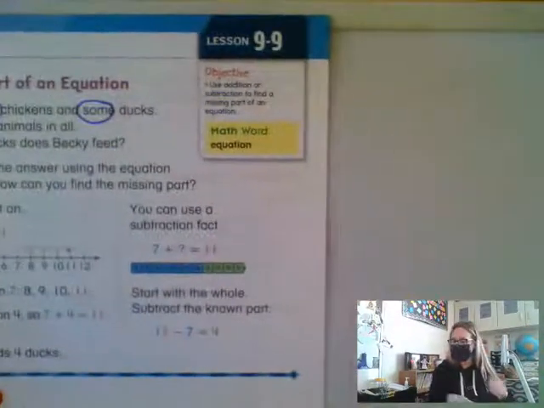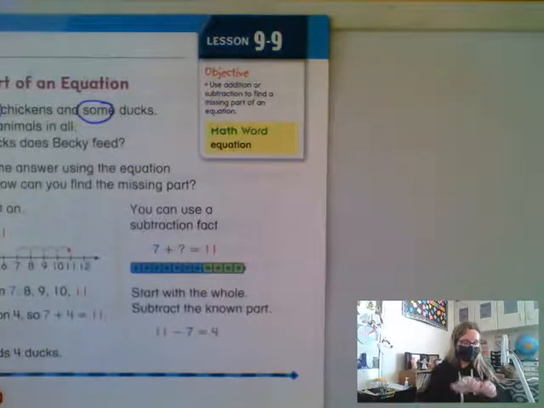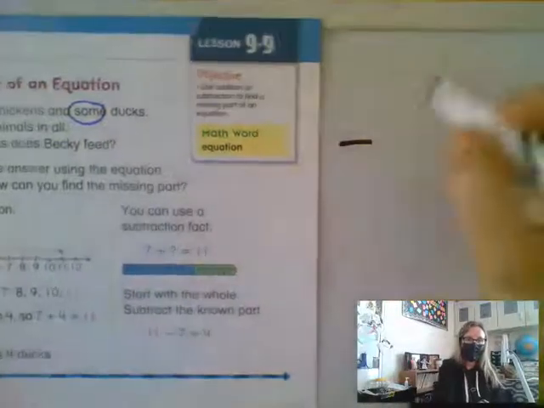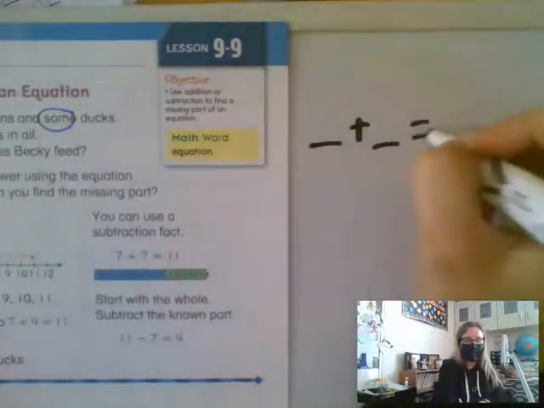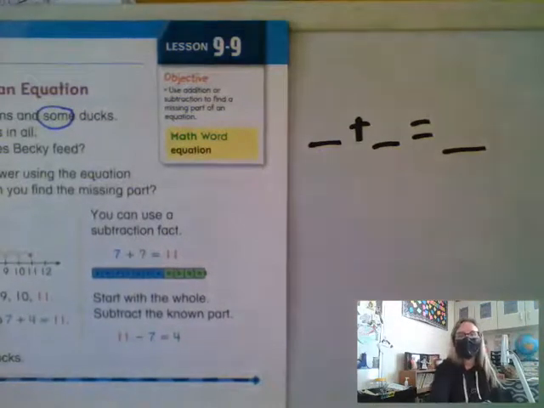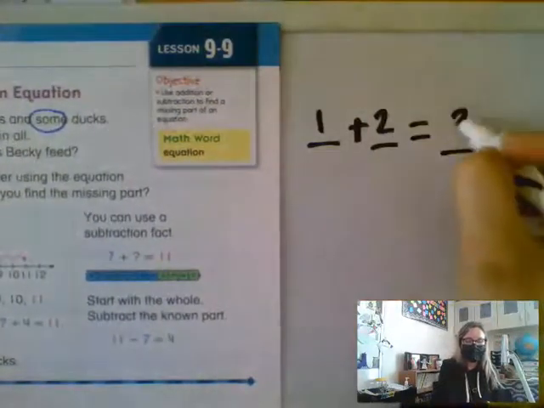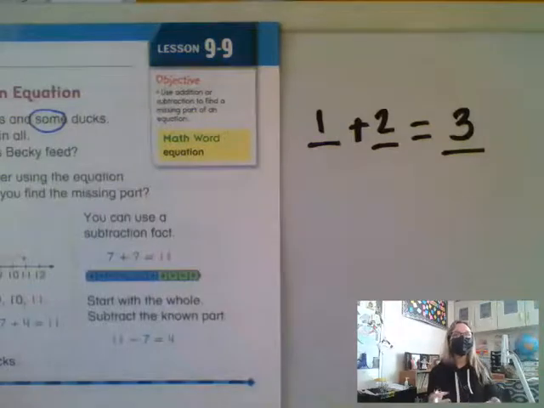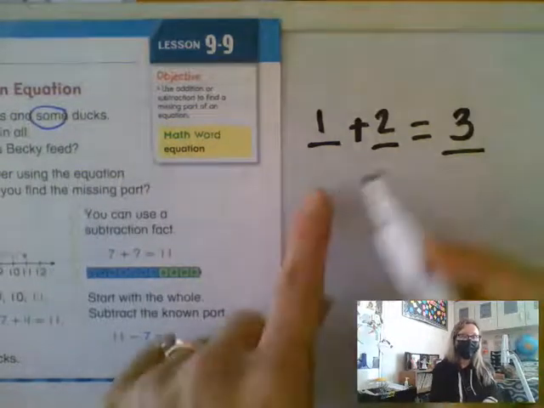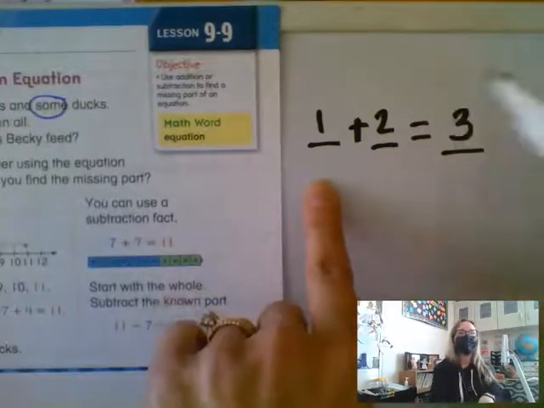So normally when we look at a problem, we're doing part, whole. So we'll have 2 parts equal a whole. An easy example would be 1 plus 2 equals 3. And often when we're doing math, they will give us the 1 plus 2, and we have to give the 3.